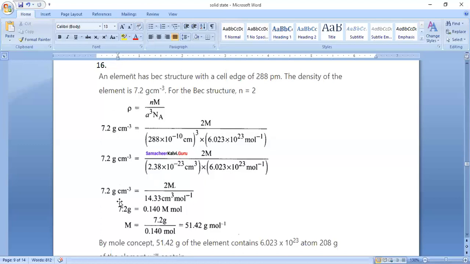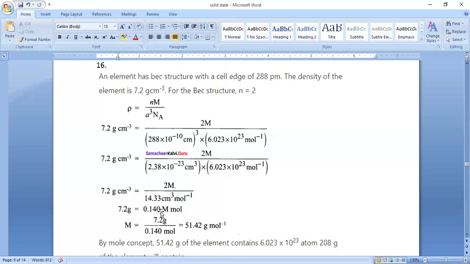In the next step, centimeter cube and centimeter cube are cancelled here. So we get 7.2 gram equals 2 divided by 14.33, which gives 0.140, in mole inverse. The mole inverse moves upwards and changes into positive, so we get M into mole.